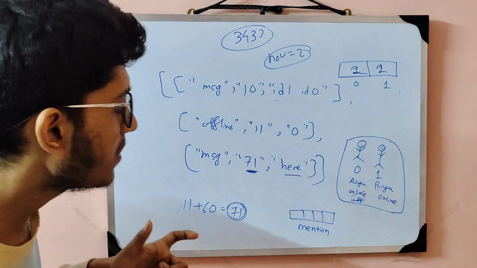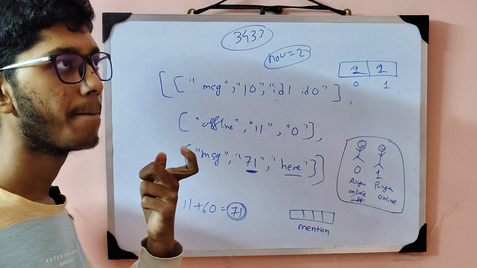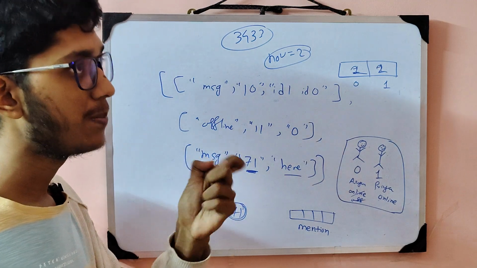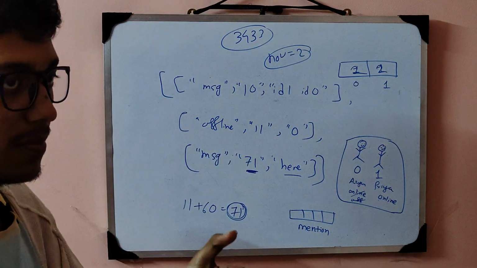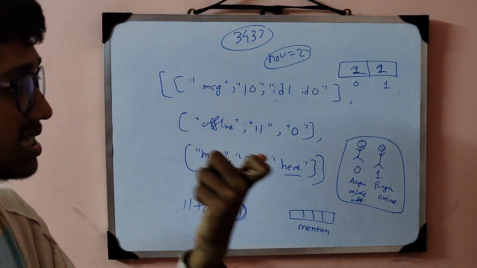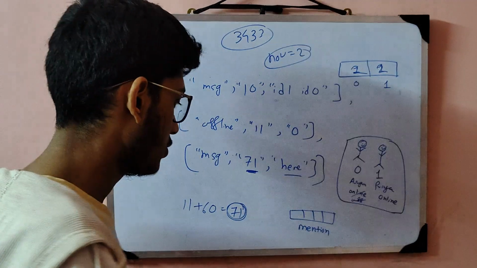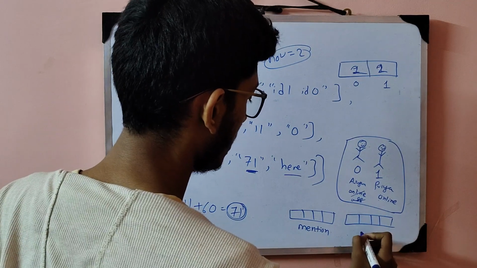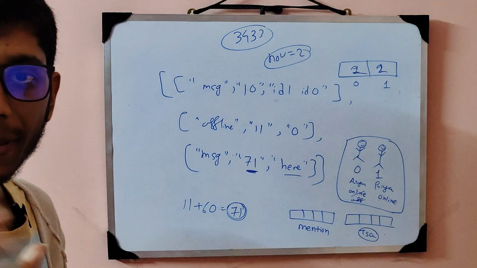You need to keep track of that. How will I keep track of that? I will be using some data type that will keep track of up till how much time this specific user will be online or offline. So I will be using a TSA. TSA means timestamp array.